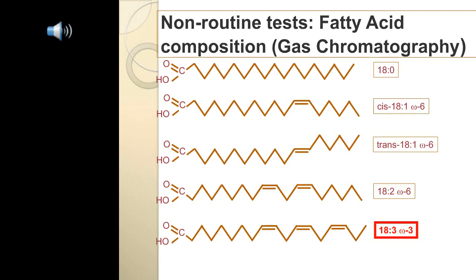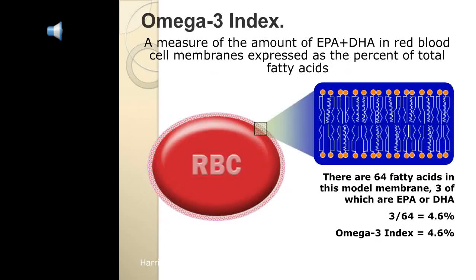The N6 and N3, or omega-6, omega-3 fatty acids, are essential for formation of membrane phospholipids, and therefore this can be assessed in terms of the fatty acid composition of any tissue you like, and the tissue will determine the time integral over which it's a reflection of the dietary intake of those particular fatty acids.